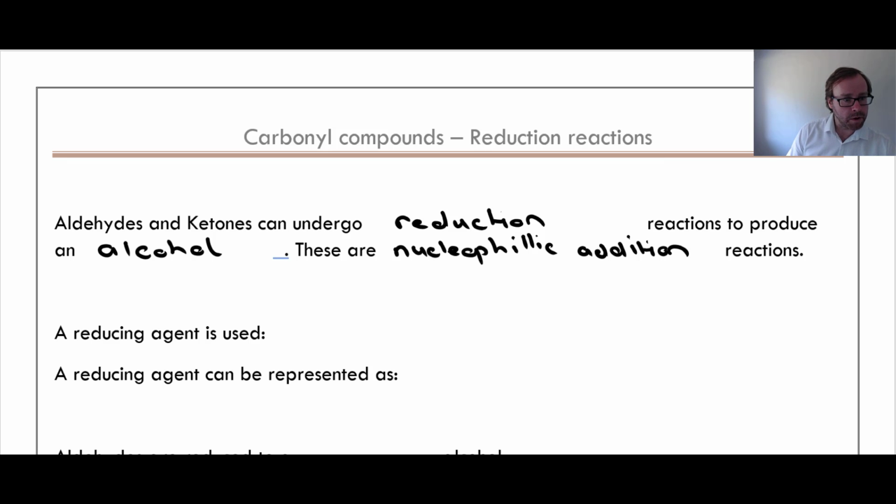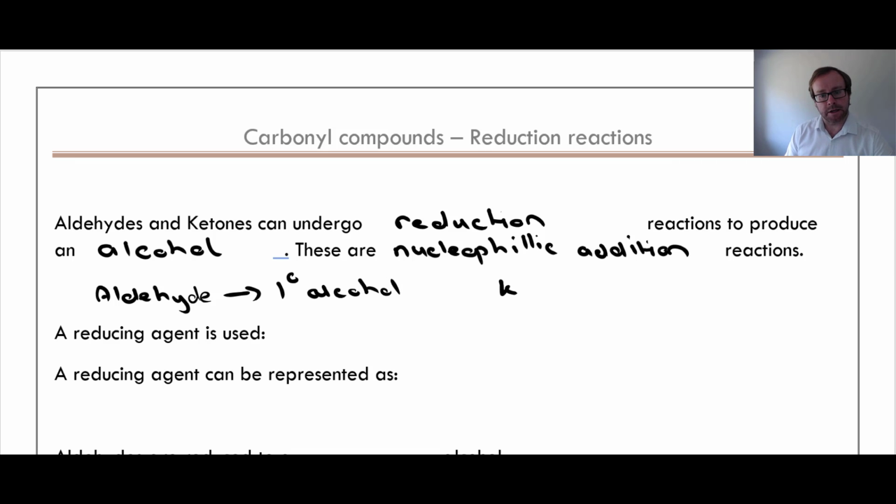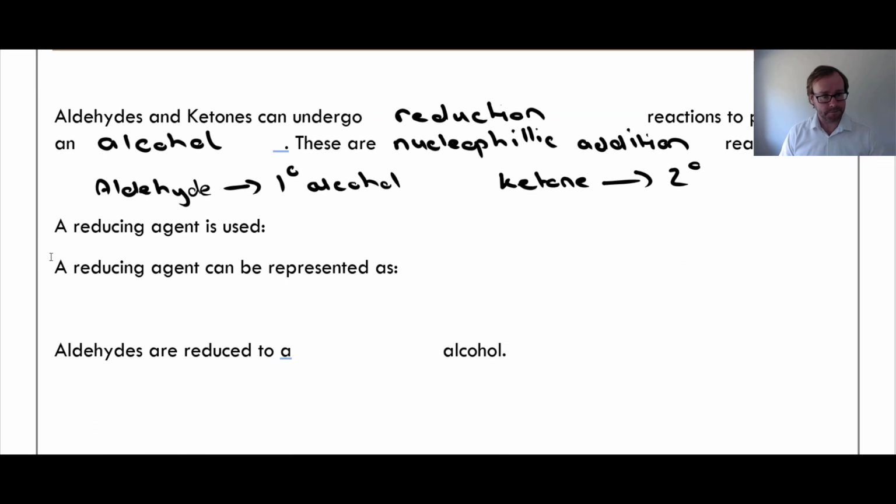If we reduce an aldehyde we would form a primary alcohol. If we had a ketone and reduced it, we would form a secondary alcohol. So it's just the opposite of oxidation of these two alcohols.